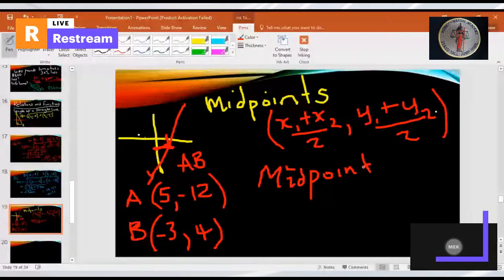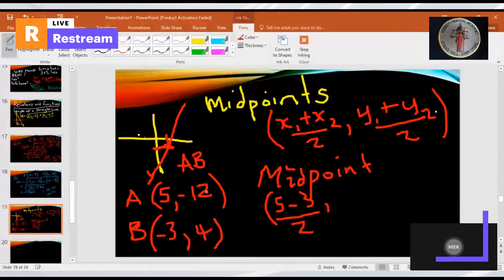All right, so let's work out the midpoint. For the x coordinate, this value is 5, plus the second x value, which is -3, and we're going to divide by 2, halfway there.